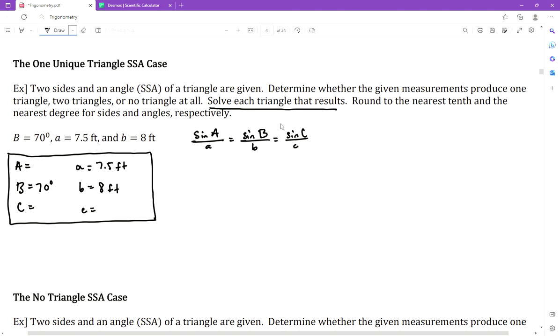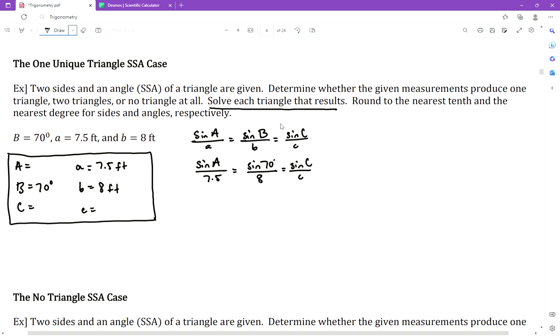Then we'll input what we currently have. So we have sine of capital A over 7.5 equals sine of 70 degrees over 8 equals sine of C over little c. Currently the C information is unknown in both places, so that one's completely useless for us.